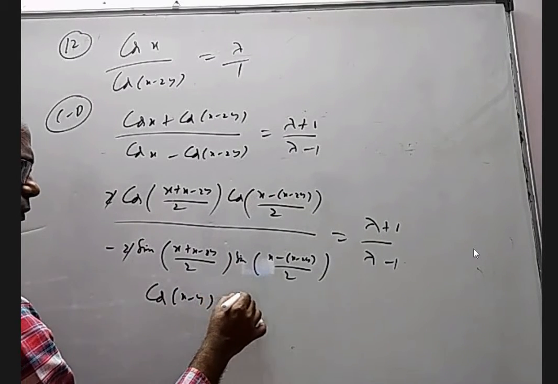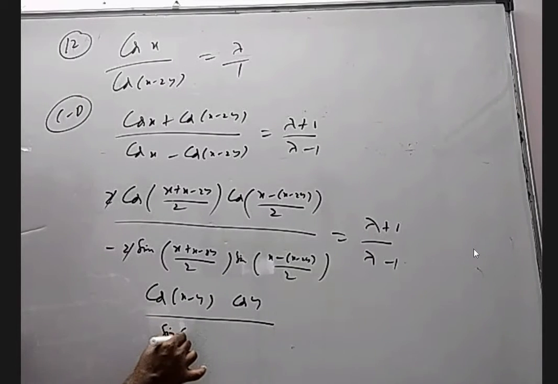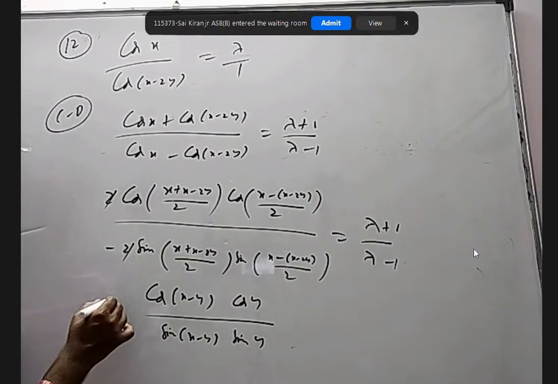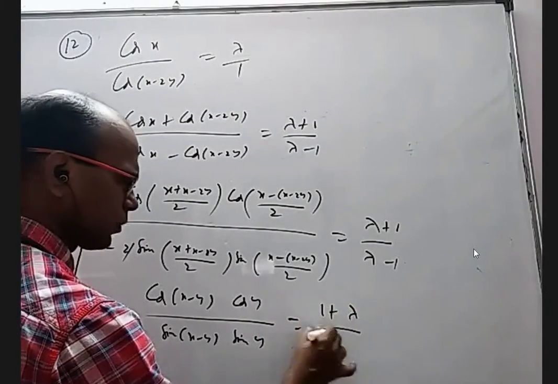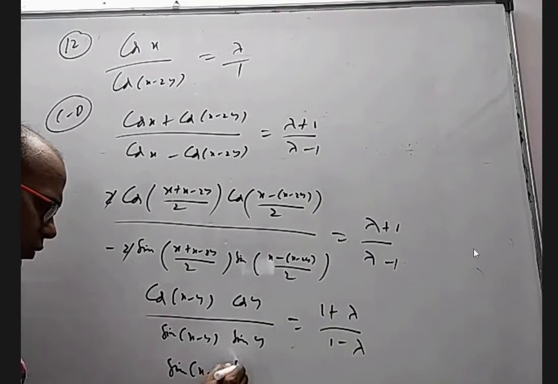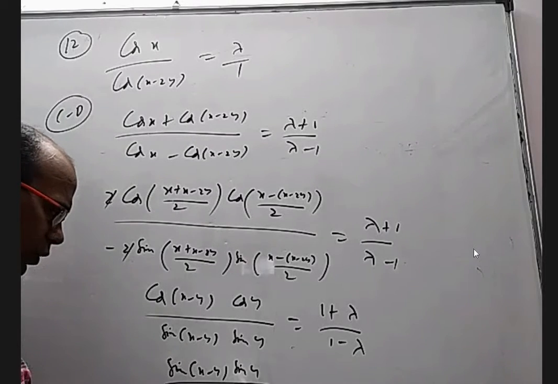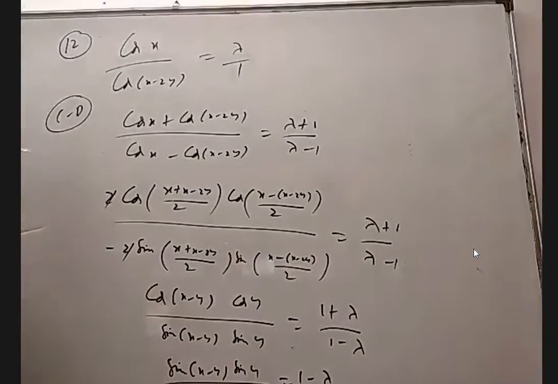This is cos(2y/2), which is cos y. This is sin(x minus y). This is sin y. And there is a minus. I can give this minus here, and it will become (1 plus lambda) by (1 minus lambda). If I take the reciprocal here, it will become sin(x minus y) sin y over cos(x minus y) cos y, which is (1 minus lambda) by (1 plus lambda).